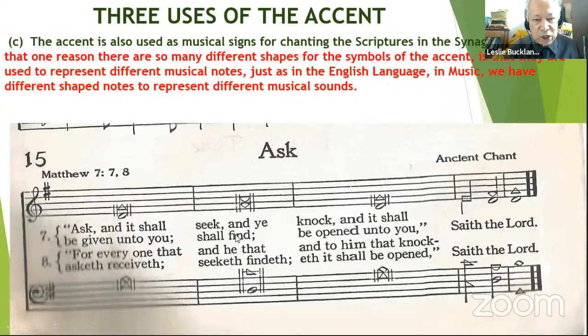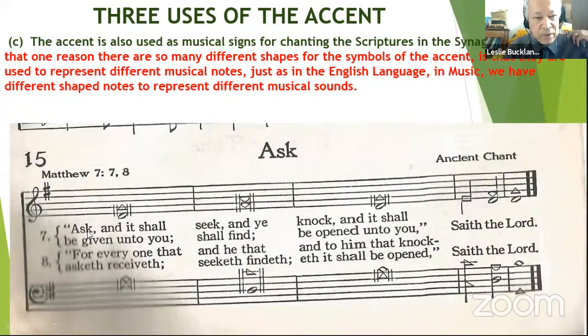Then seek and ye shall find is in a higher note, re. Then these words, knock and it shall be open unto you, is back to the original note, do. And then the closing words, saith the Lord, is in three notes, la, ti, do. And it goes like this.